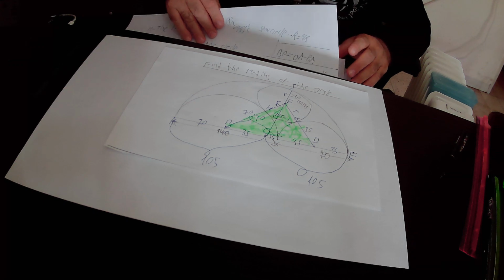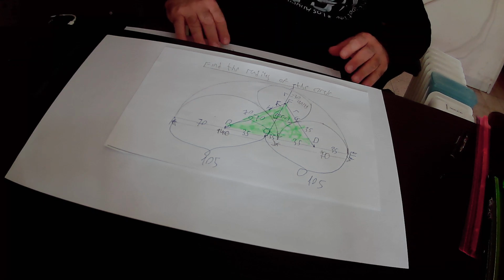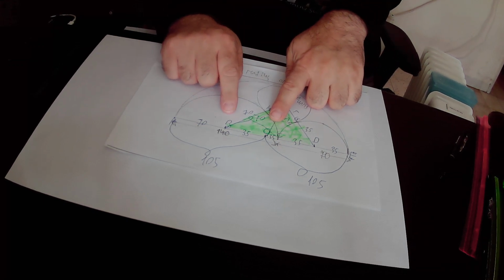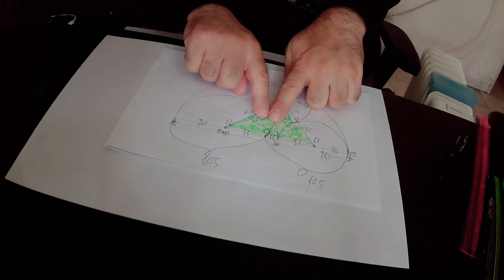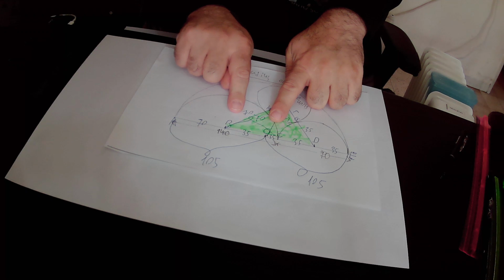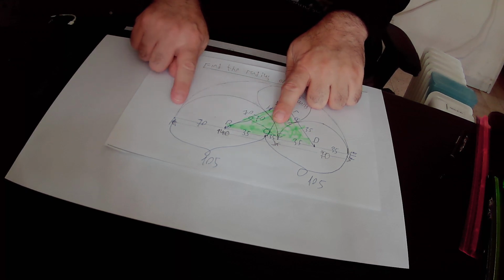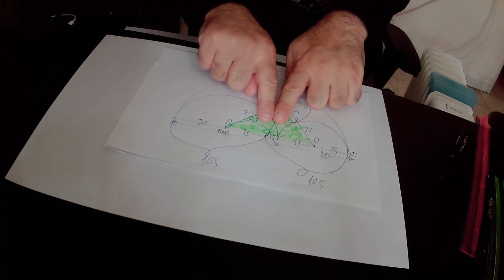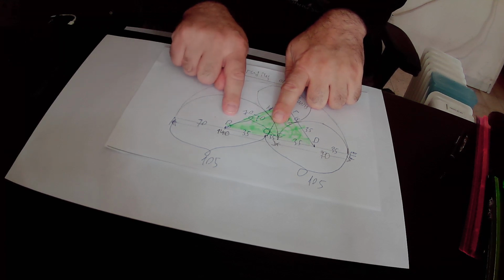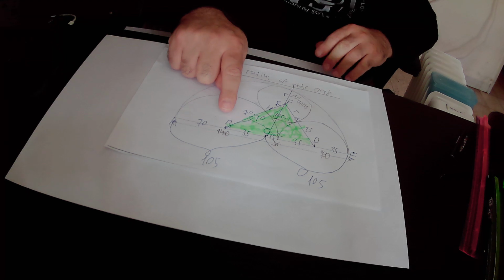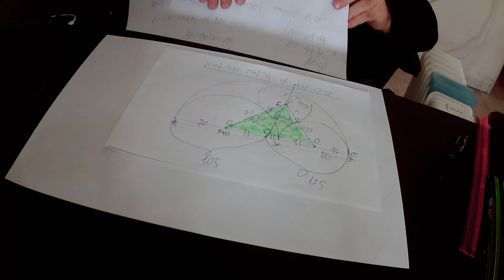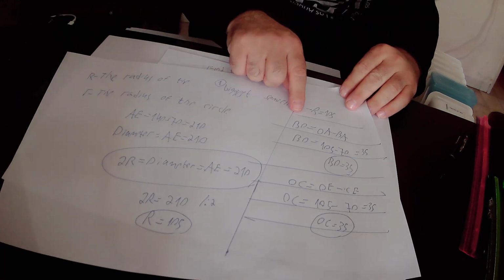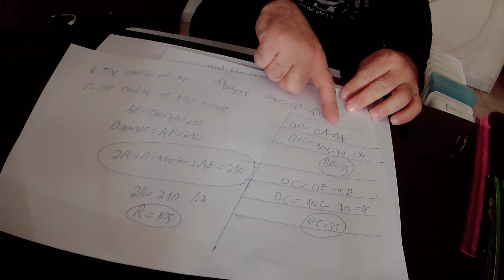Okay, in the next step, we find the length of line segment BO. From the drawing it is very easy to see that BO equals OA minus BA. I'll repeat again: BO equals OA minus BA.